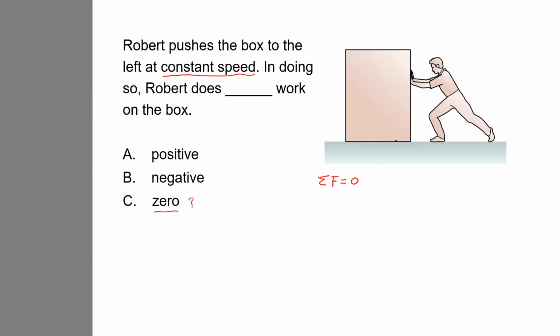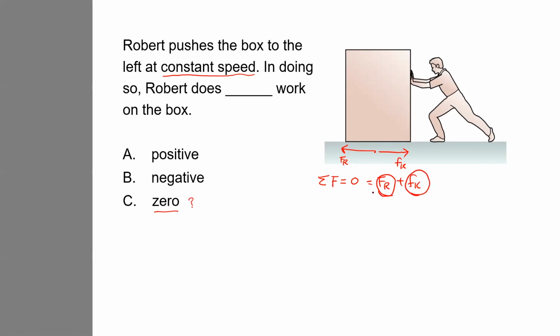Well, let's consider what's happening here. Robert is pushing this box that way, while the friction force is opposing Robert. All that this is saying is that the net force, so the force of Robert plus friction, is equal to 0. It does not mean that individual forces are 0.